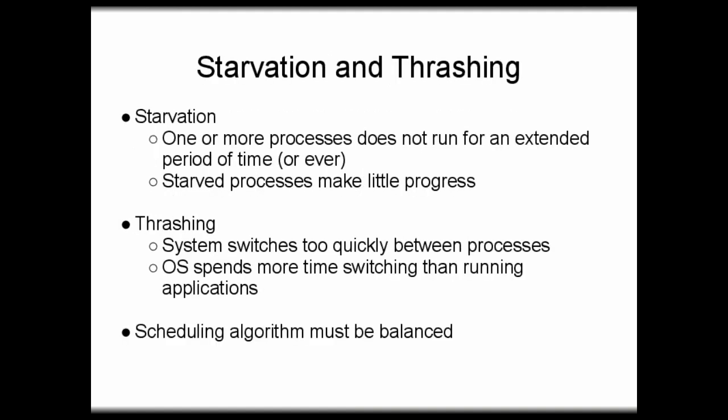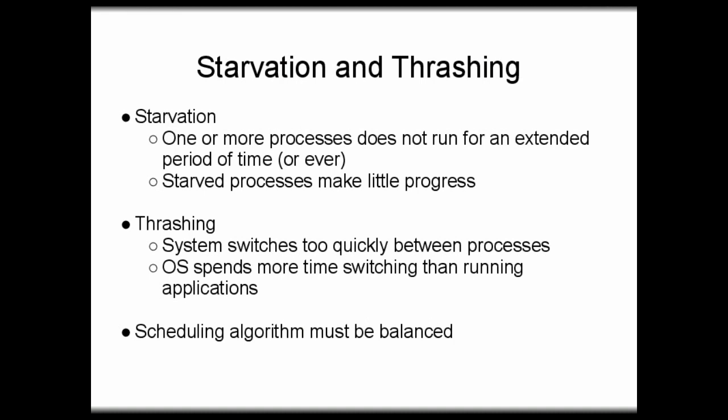Priorities in a system must be carefully adjusted to prevent starvation and thrashing. If higher priority processes are always scheduled over lower priority processes, the lower priority processes will starve. In other words, they will not run for an extended period of time, if ever.